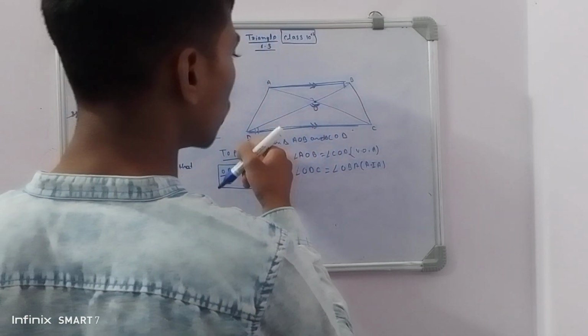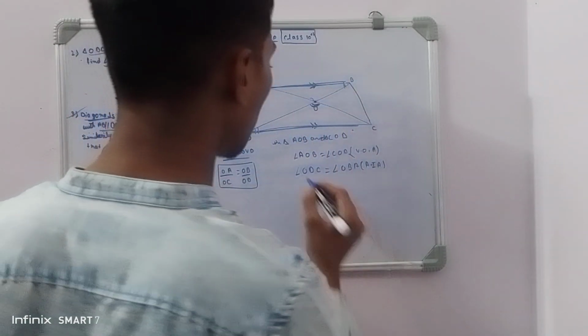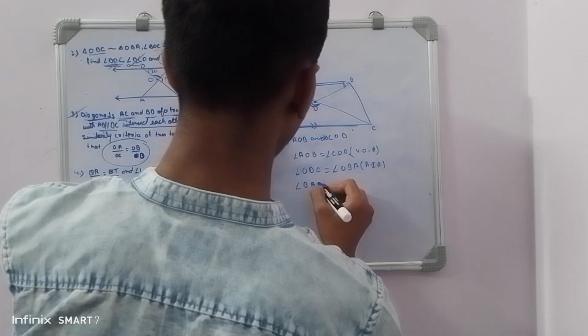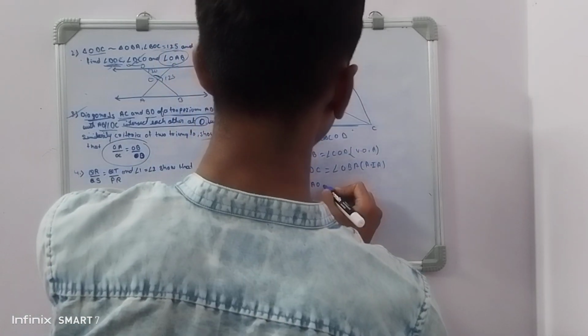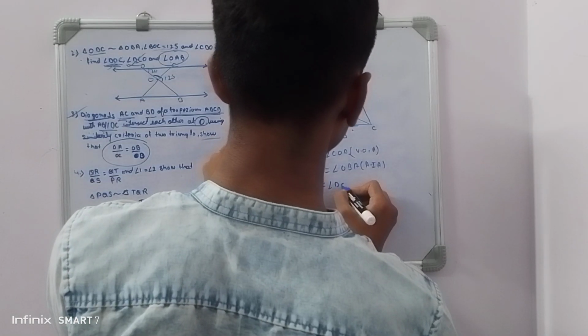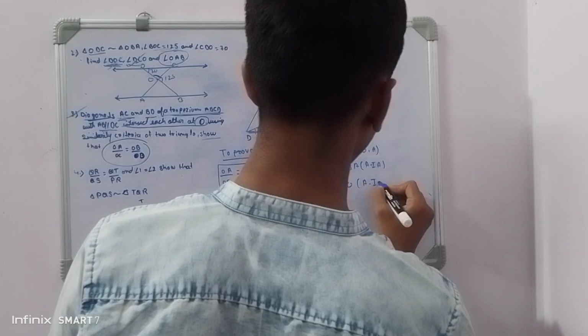So ODC is equal to OBA, and we also know that angle BAO is equal to angle DCO by alternate interior angles.